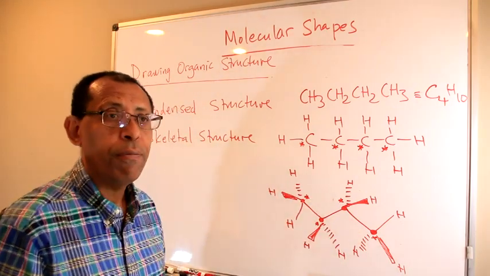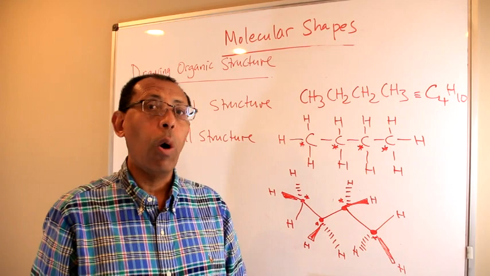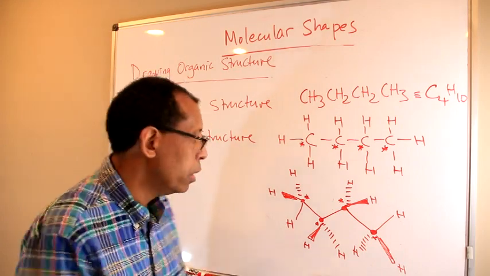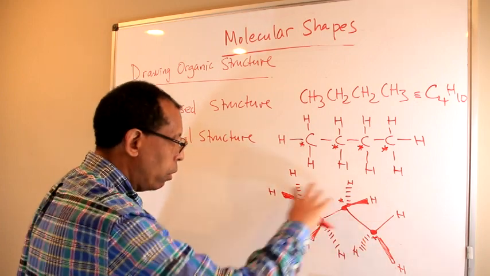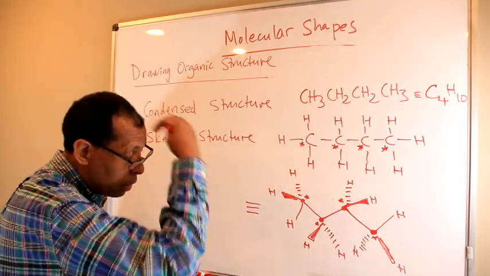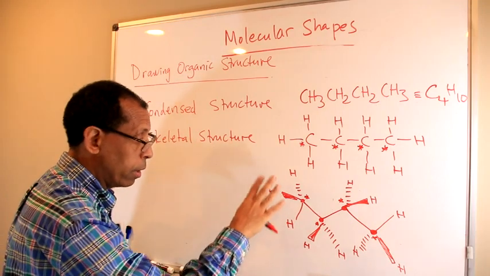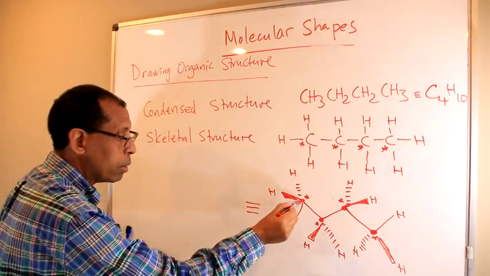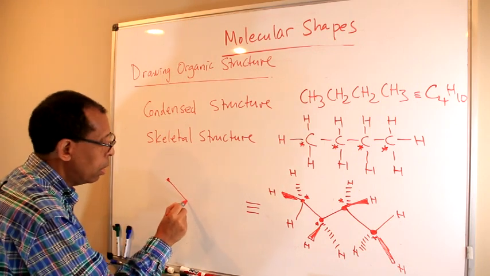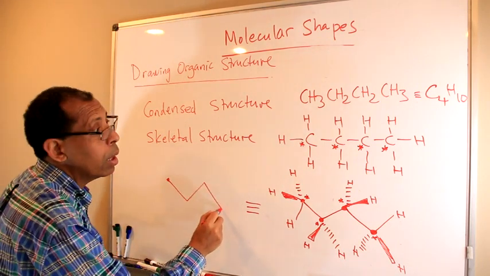Actually, if you see all organic structures in your textbook in the future, you would see that this is equivalent to saying that by removing the hydrogens, meaning we know that they are there, you start with this carbon right there, down, up, down.